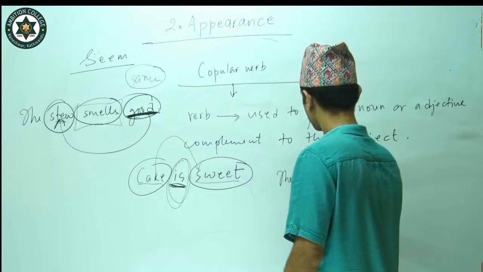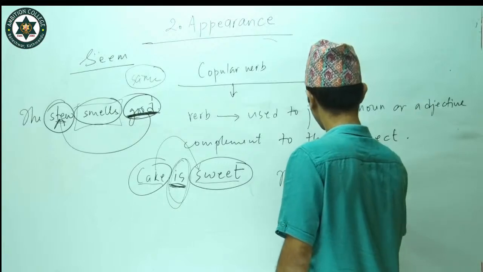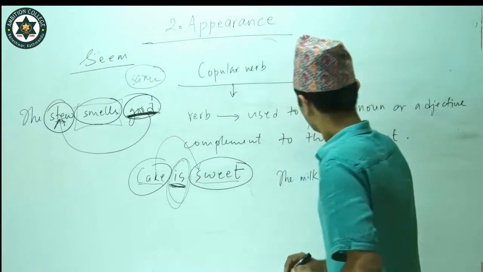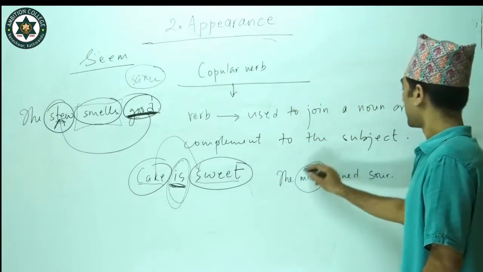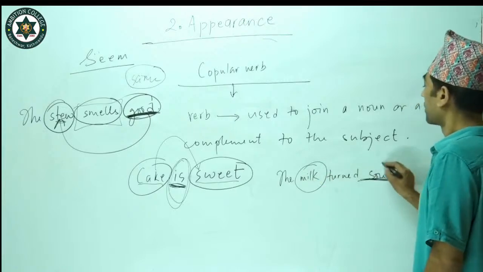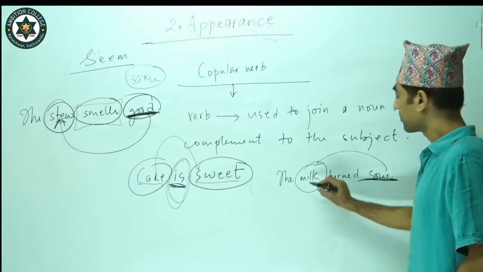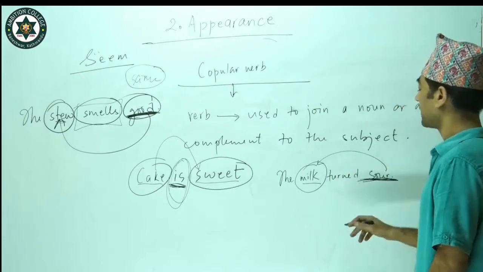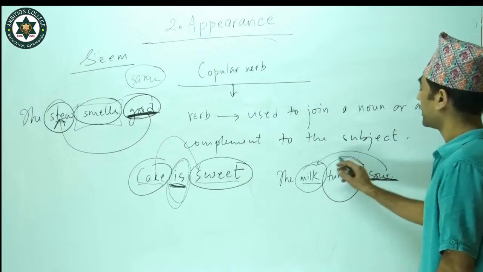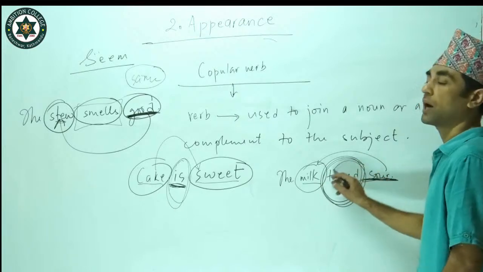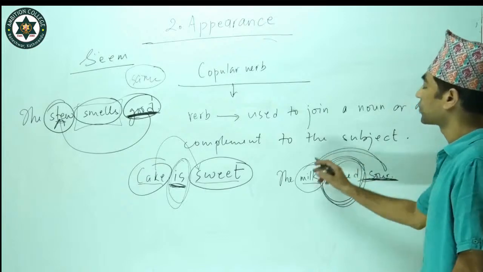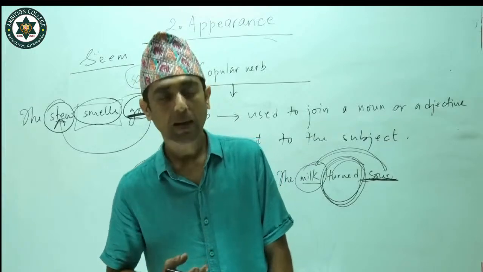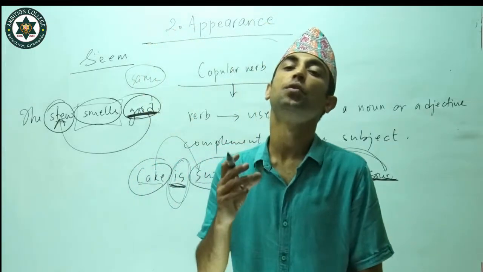Let's see some examples. The milk turned sour. Now we are joining this sour with the milk. This milk and the sour are the same now. And this sameness is indicated with this verb. And this verb which joined these two is called the copular verb. For example, the night grew dark.